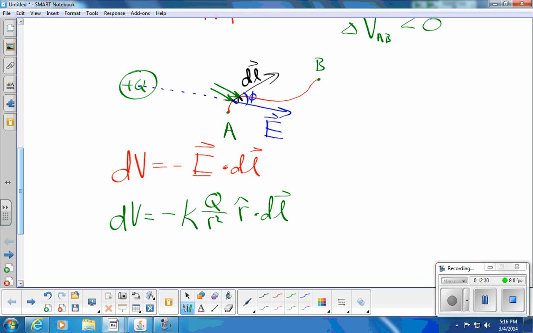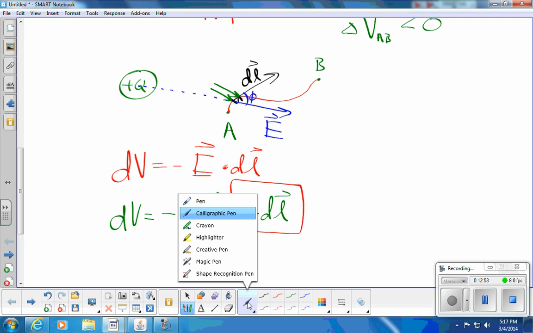So what is this? I'm going to integrate, and I want to get this down to one variable. And so this is what I'm going to do. What is this dot product of r hat dot dl? Well, r hat is a unit vector in the direction of the electric field. So I'm going to draw a nice new color.